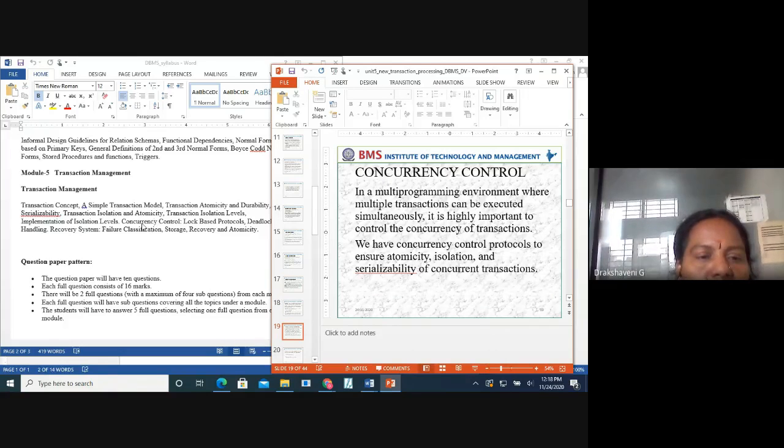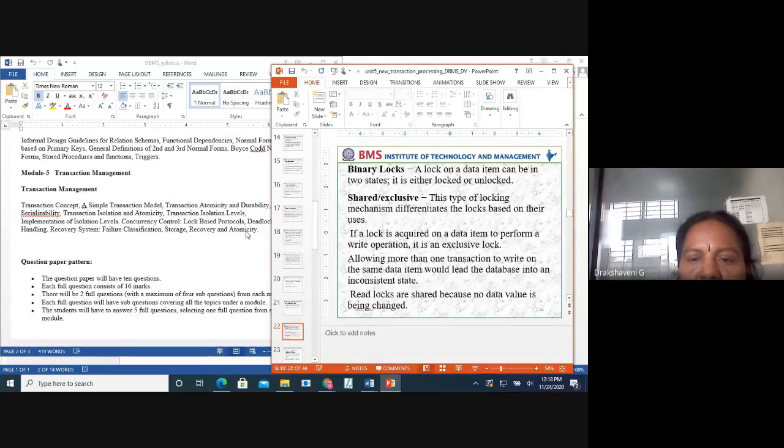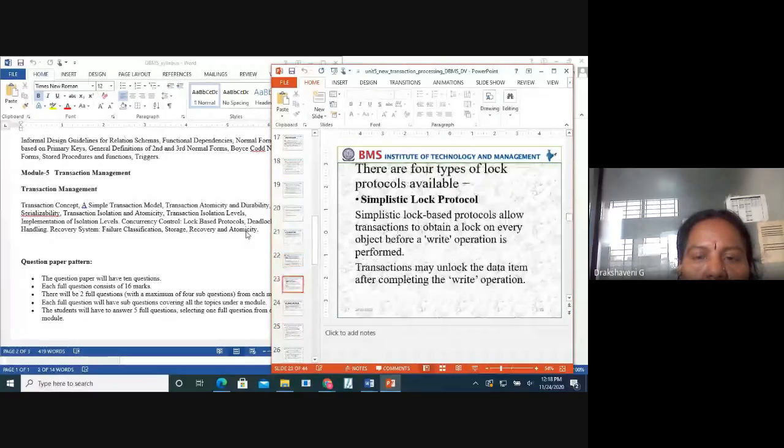Then we started with concurrency control. How will this concurrency control be done? In that we have two things: one is lock-based and the other is timestamp-based protocol. So here in the syllabus you can see the lock-based protocol. We have seen the different types of locks and the types of protocols available.